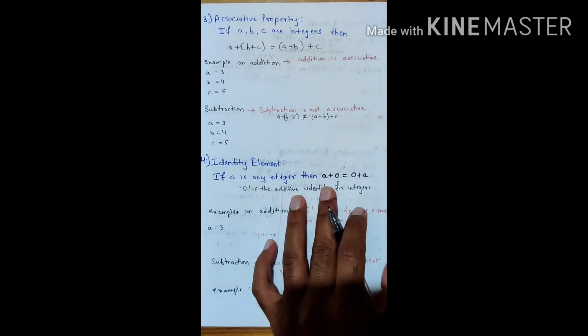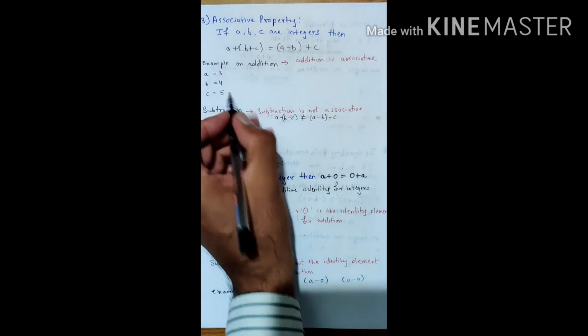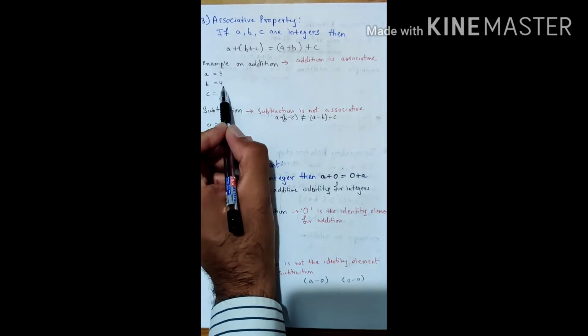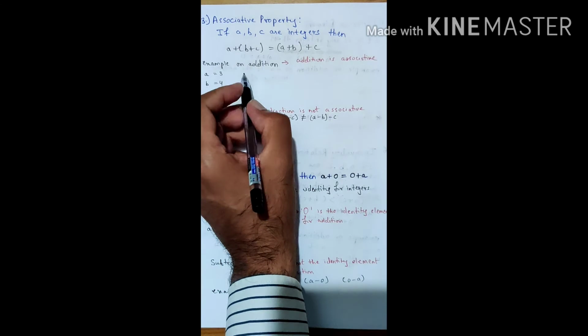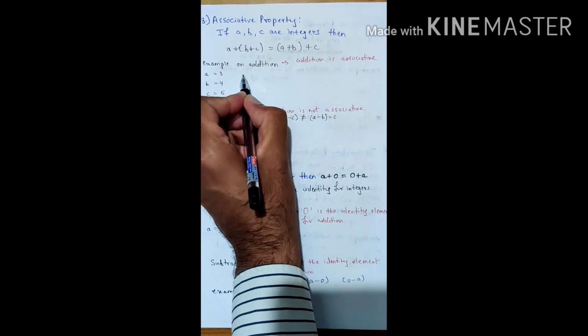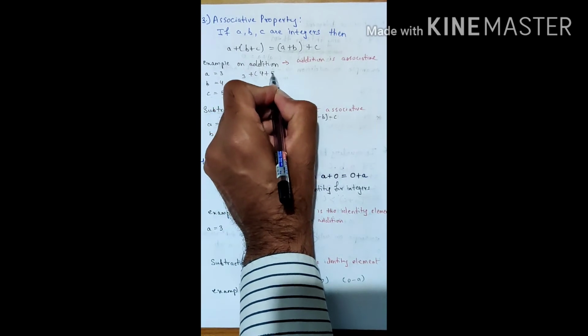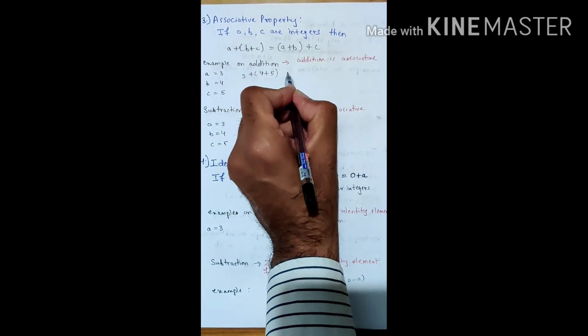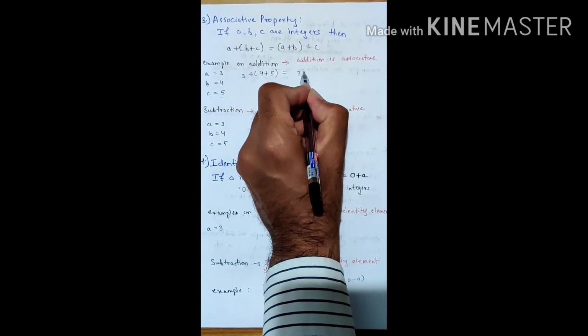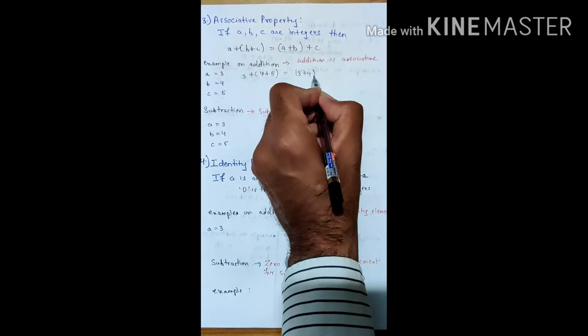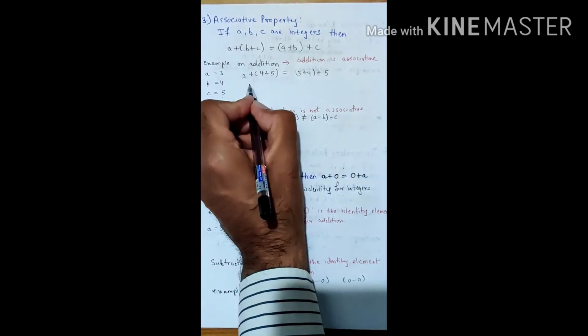Let us see if addition is associative or not. We have values a as 3, b as 4 and c as 5. So we'll keep the values. It will be 3 plus in bracket 4 plus 5, equal to 3 plus 4 in bracket, plus c's value 5.